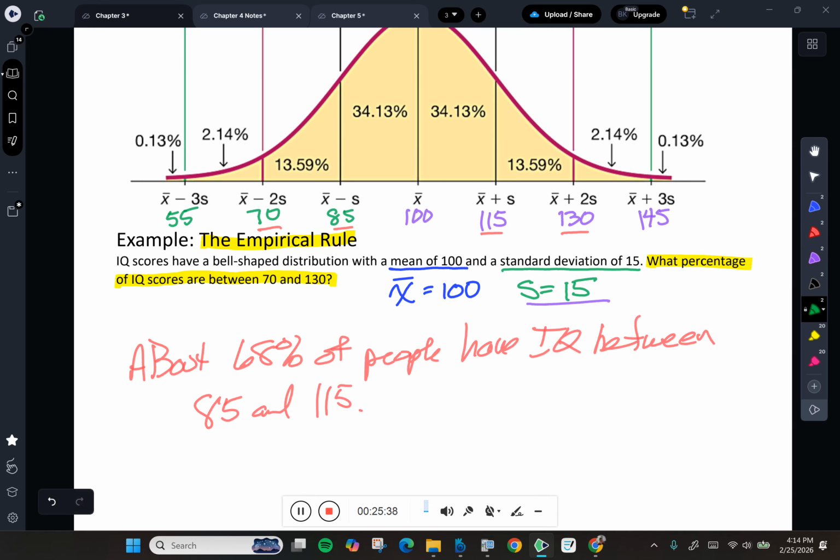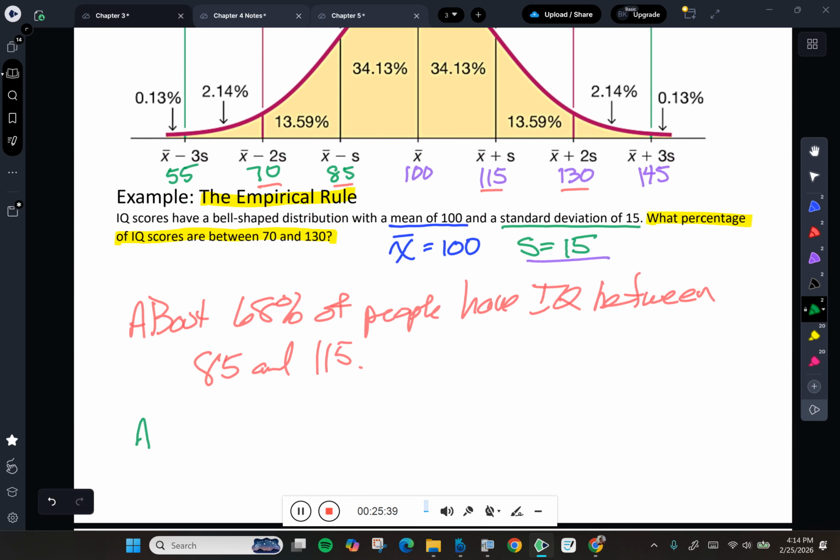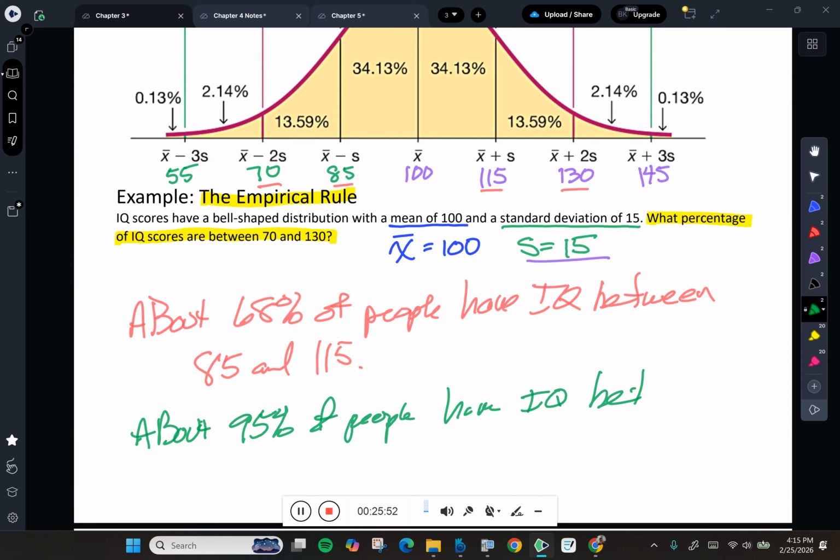I could go 2 standard deviations out and say about 95% of people have an IQ between 70 and 130. Okay.